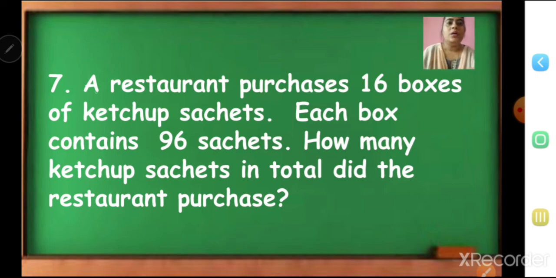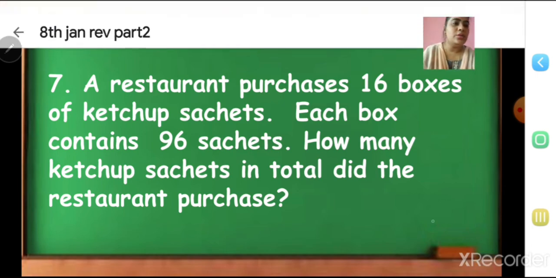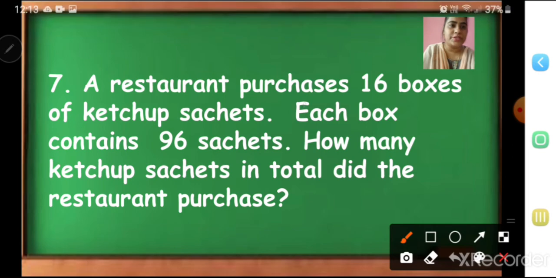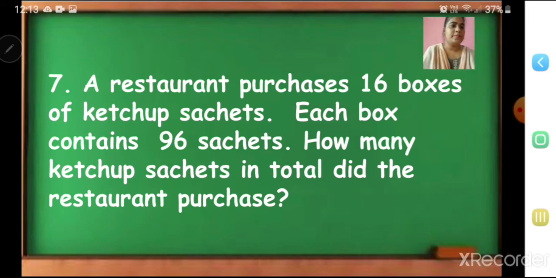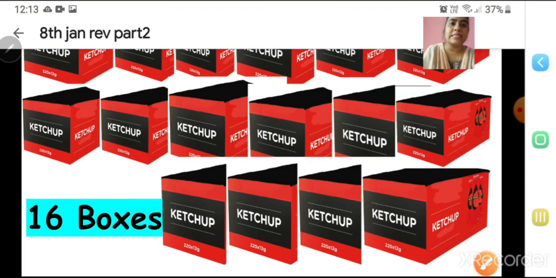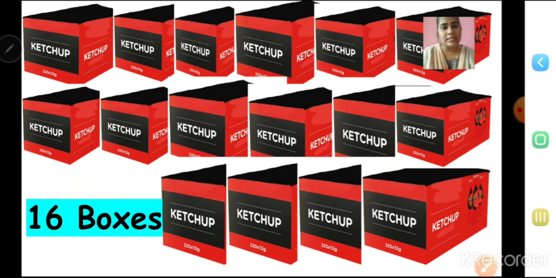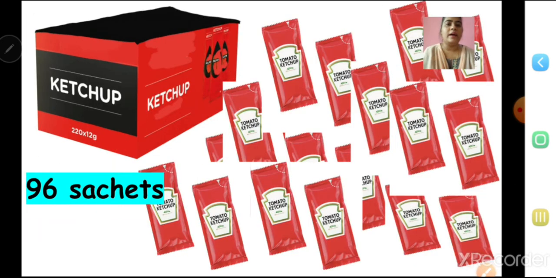Okay. Now what information is given to us? That a restaurant purchases 16 boxes of ketchup sachet. There are 16 boxes and each box contains 96 sachet. Correct? See like this. There are 16 boxes and in each box there are 96 sachets. Correct?